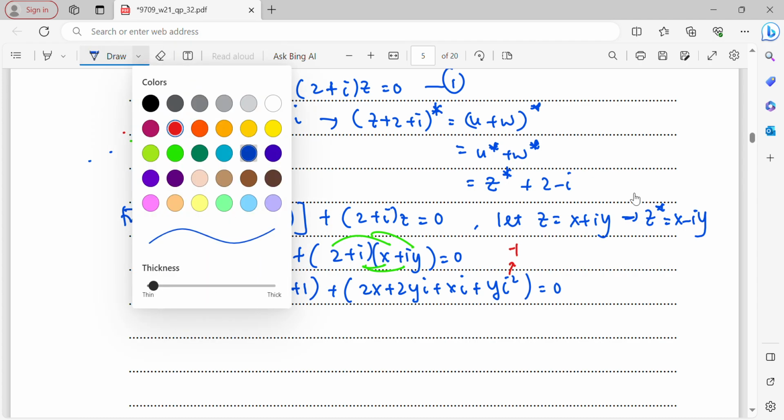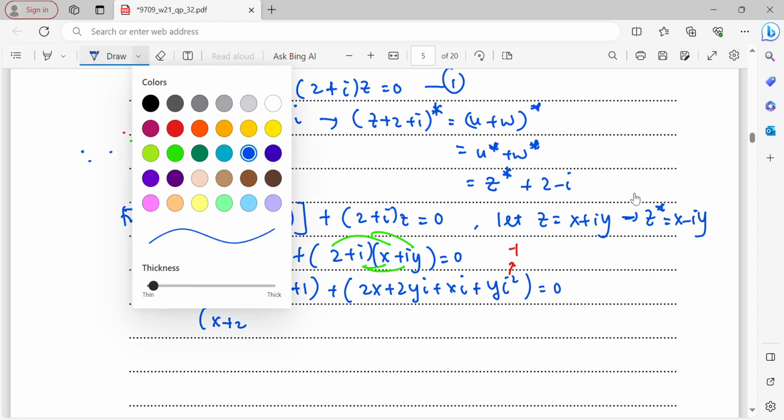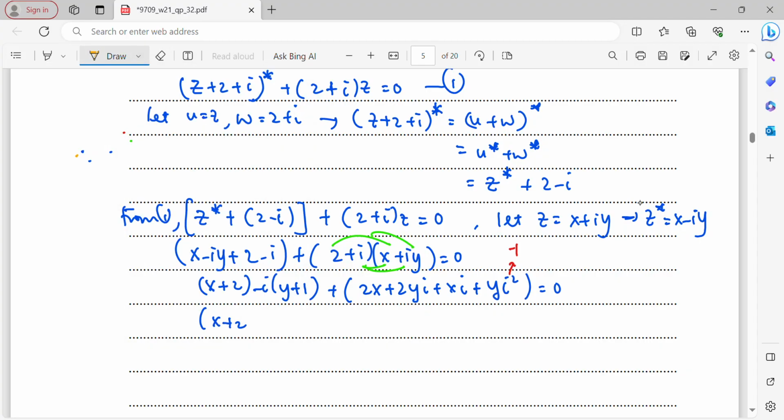So now I will group the real and imaginary parts. So x plus 2. Now from the third bracket, I will have 2x and minus y, because here is minus 1. This will be my real part. So I will plus 2x minus y. Then minus i, I copy this, (y plus 1).